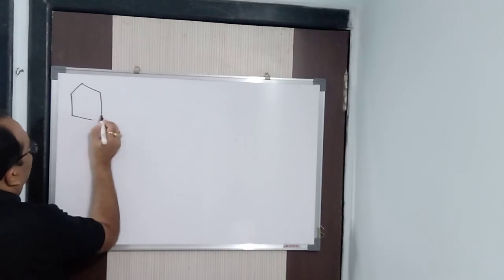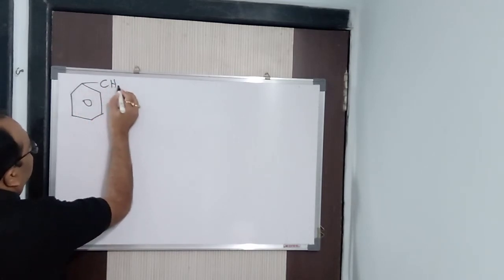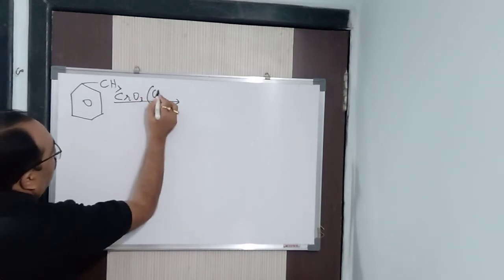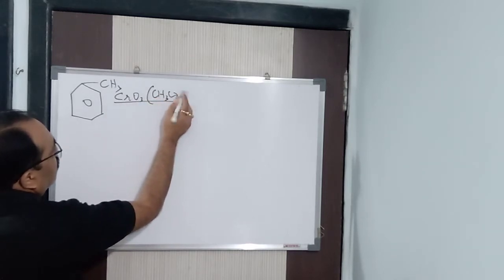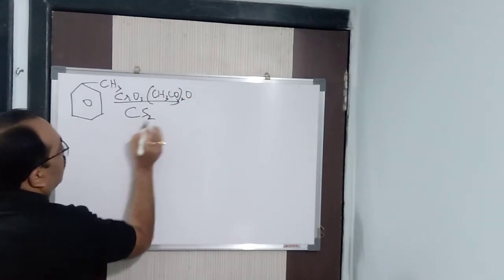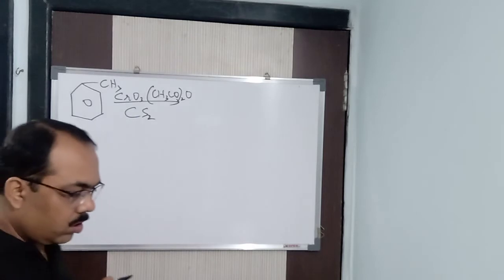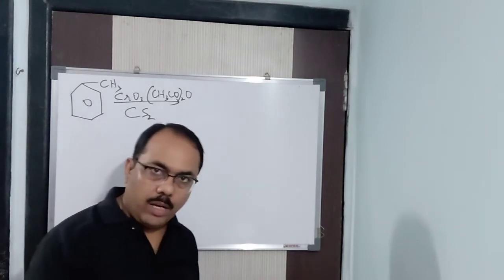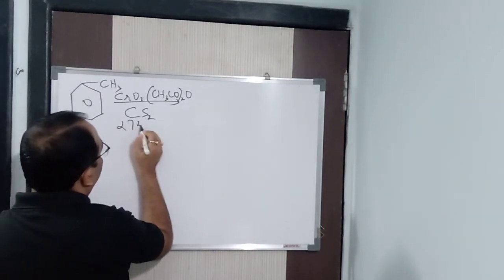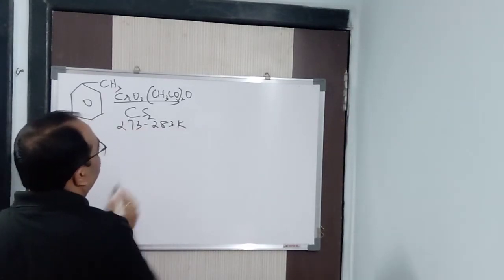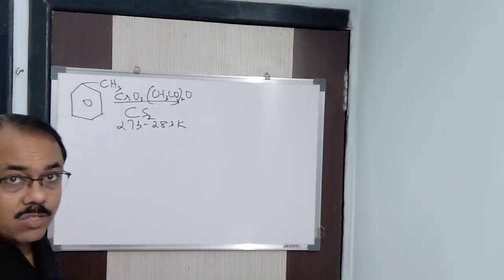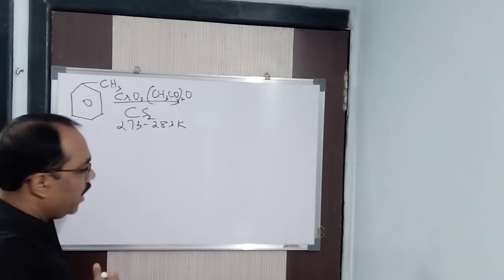So that is toluene, in presence of CrO3, which is an oxidizing agent, and acetic anhydride, (CH3CO)2O, and again an inert solvent, either CS2 or carbon tetrachloride. The temperature will be 273 to 283 Kelvin, that is 0 to 10 degrees Celsius. It should be low temperature, ice cold. The reaction should be carried out like this.